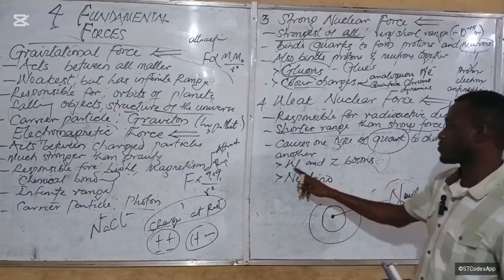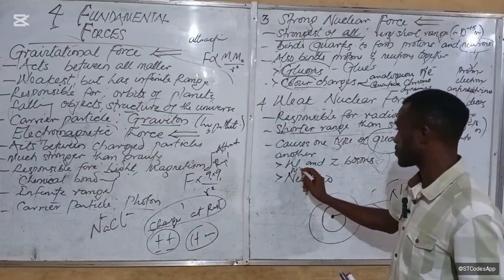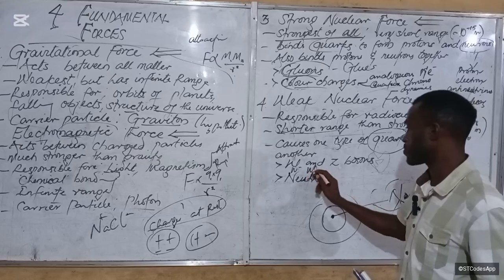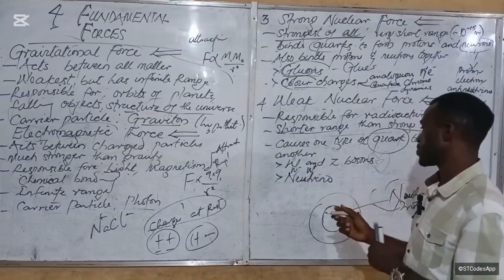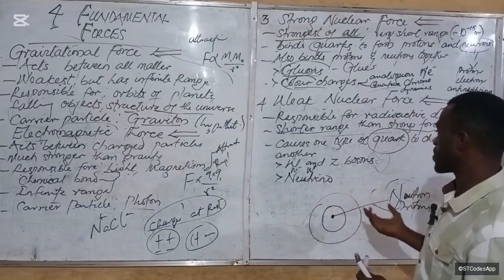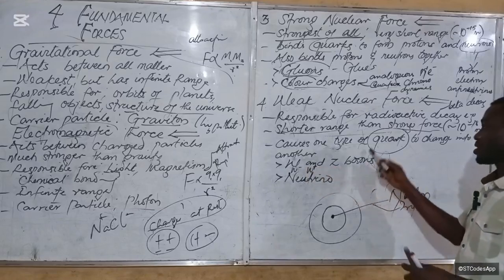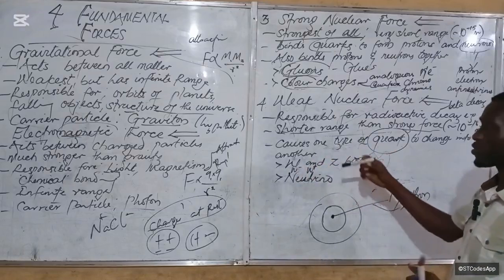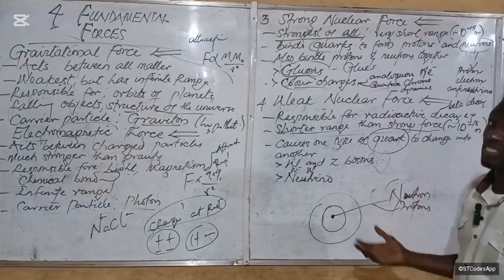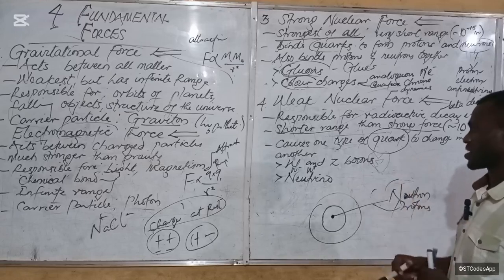We have two types of W bosons, the W positive and the W negative, and we have the neutrino. These are just products of radioactive decays.